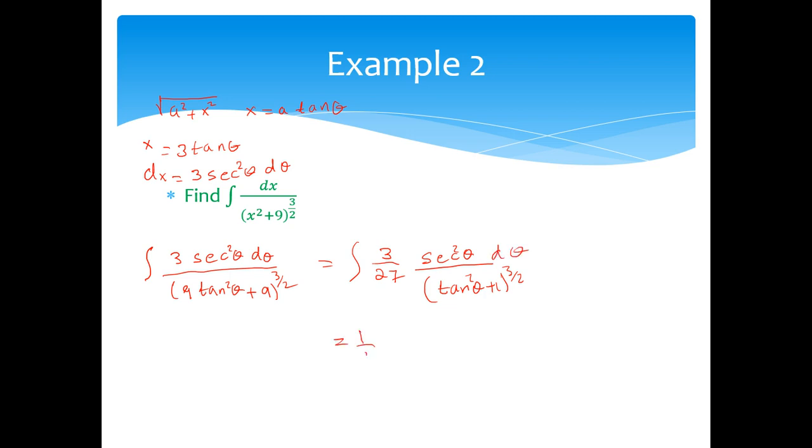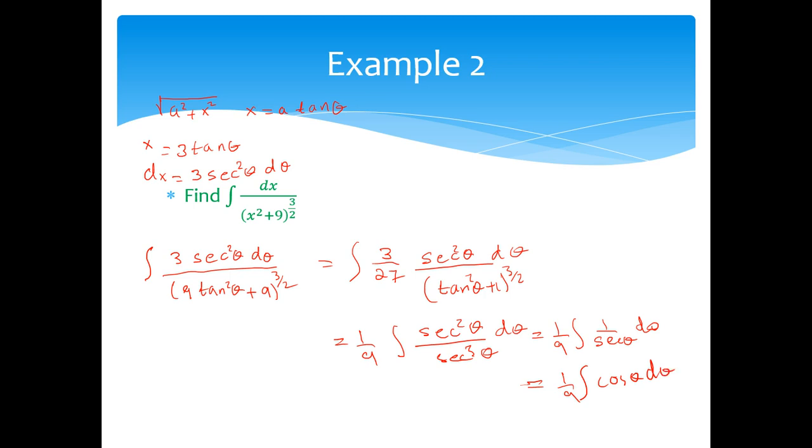That should equal 1 over 9 integral of secant squared theta divided by secant cubed theta. That equals 1 over 9 times 1 over secant theta, which gives you cosine theta.